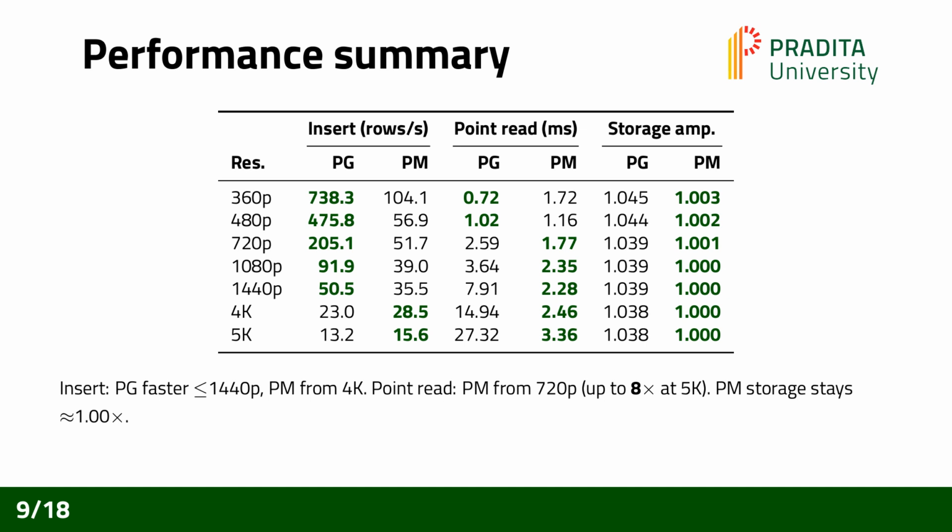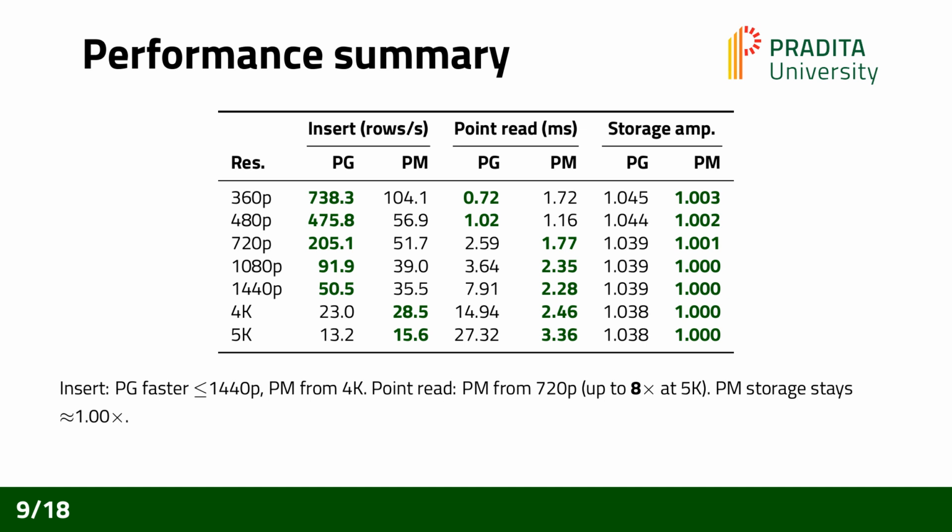At 4K and 5K, the roles reverse, and the hybrid PM actually inserts faster, 28.5 versus 23 rows per second at 4K, for instance. The point read column shows a similar flip. For the tiniest images, PG reads faster, but from 720p onward, the hybrid wins, and by 5K, it's reading roughly 8 times faster than the inline approach.